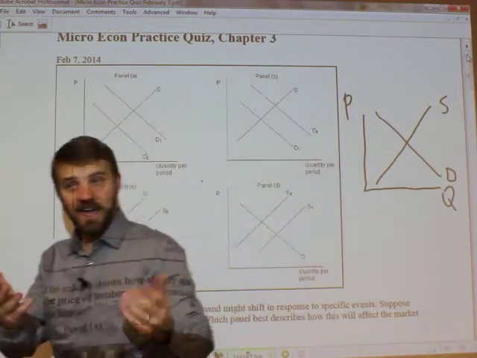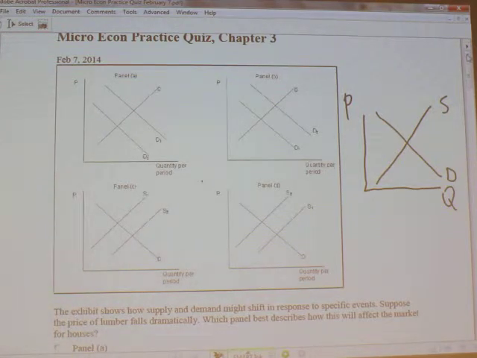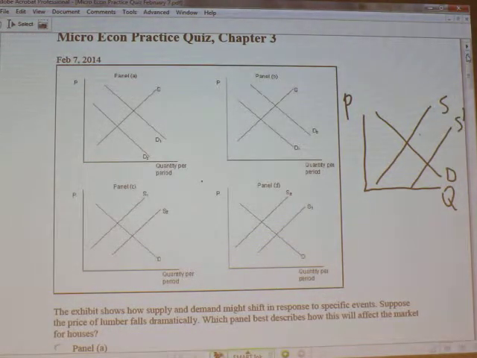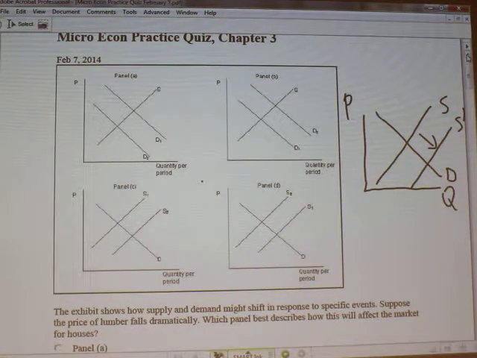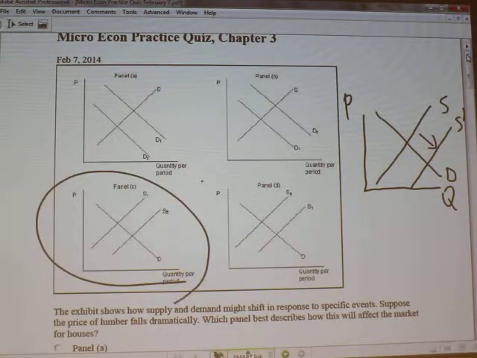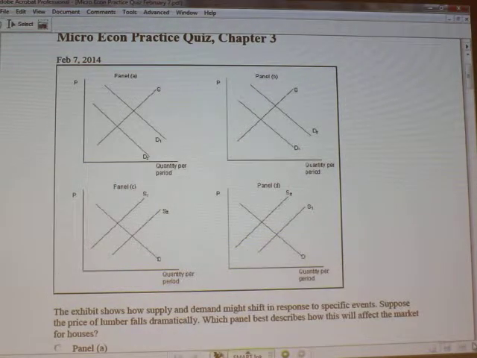And everybody knows that if lumber is cheaper, it makes building houses easier, and so that supply will increase. So we go from S to S prime. That is an increase in supply. And therefore, which is the right answer? So the answer, the first one is C.